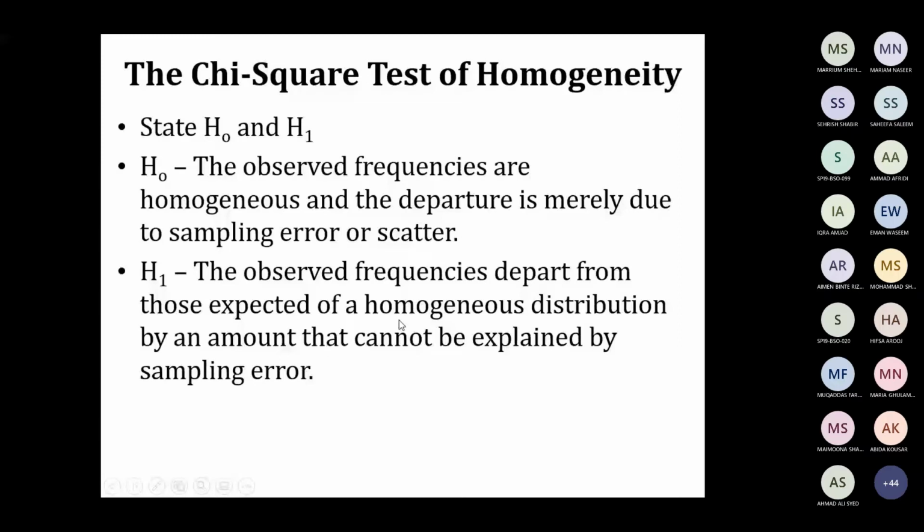And what is the expected frequency? The frequency expected from a homogeneous distribution. And how much do they depart? They depart to an extent that cannot be attributed to sampling error alone. Rather, we have to admit that this is a significant difference that is actually present in the pond. So these are the hypotheses.